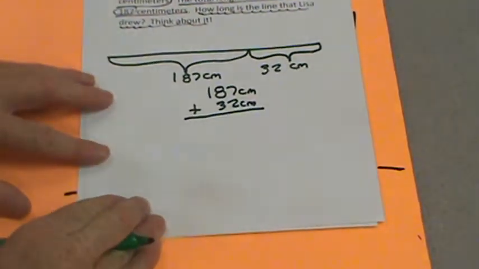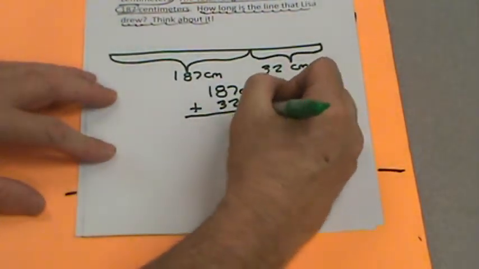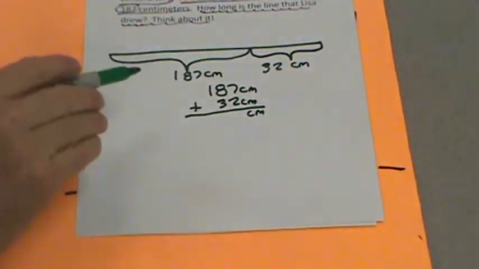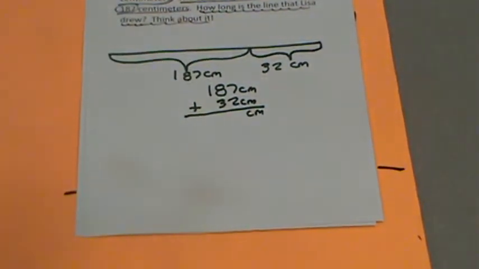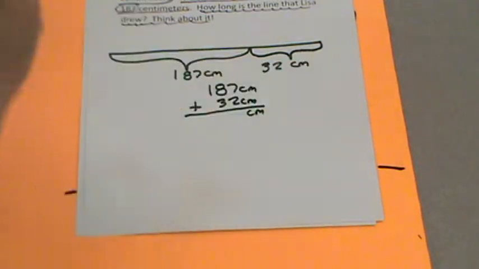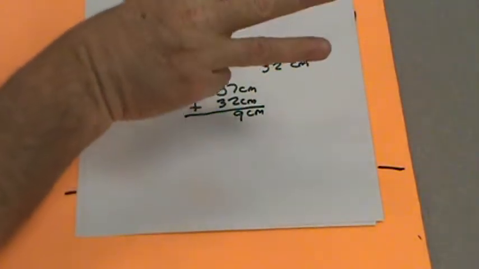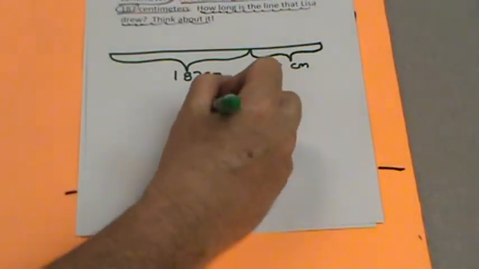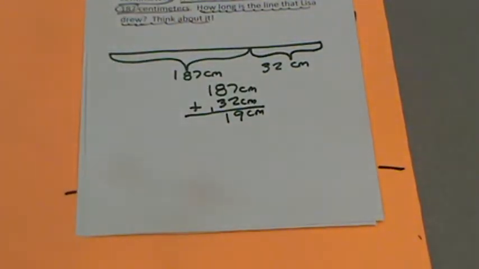And let's go ahead and add this up. I know it's going to be centimeters, right? 7 plus 2 is 9. And then 8 plus 3 is 11. Bring my 1 up there. 1 plus 1 is 2. So we're at 219 centimeters.